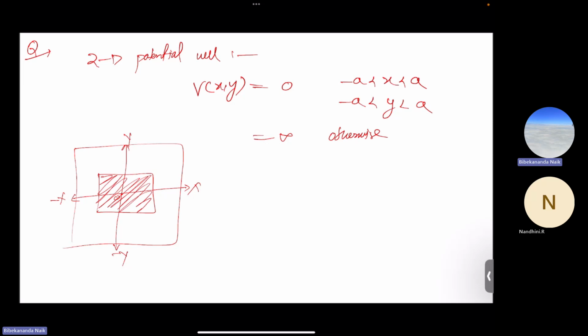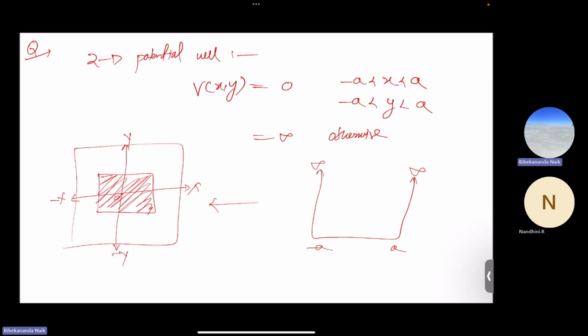So this is basically an example of a two-dimensional well. So now we are seeing this type of potential from the top, and from the side, if you see, it will be somewhat like this. So from minus a to a, it is 0, and the remaining part of the potential is infinite.